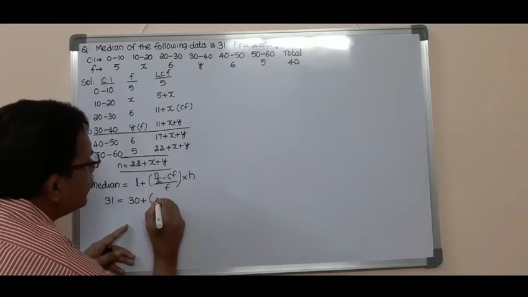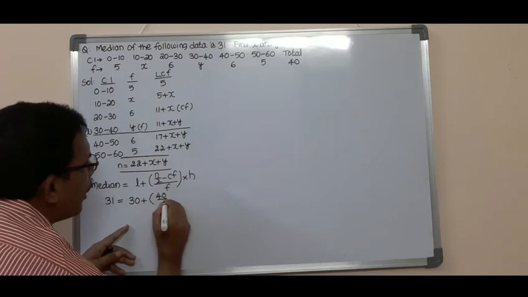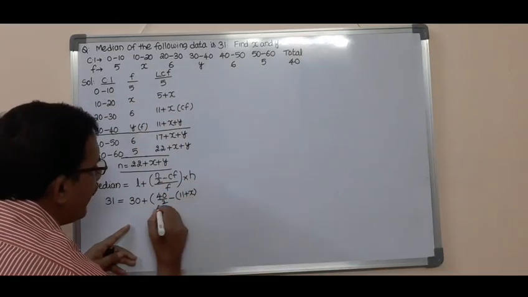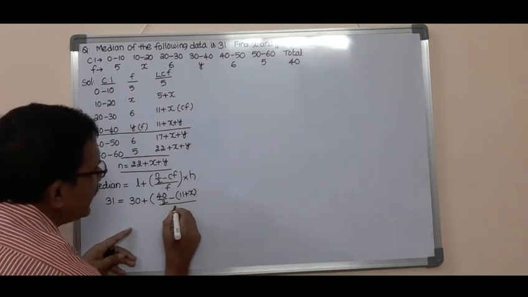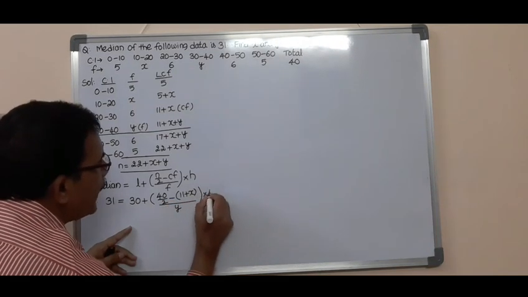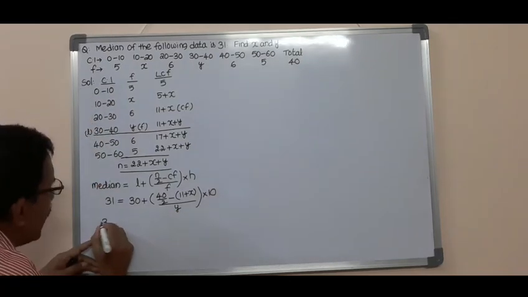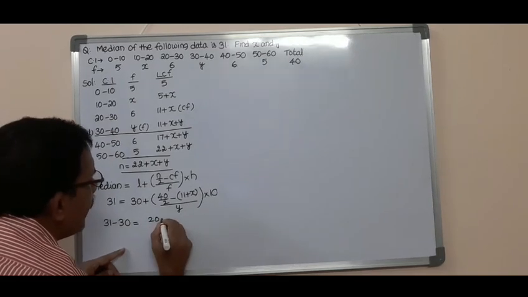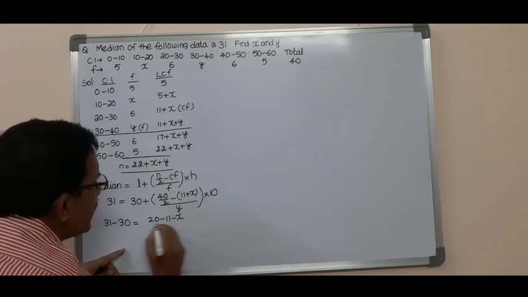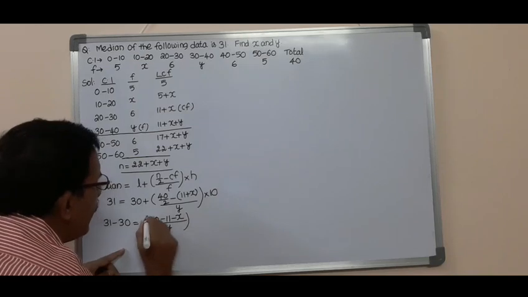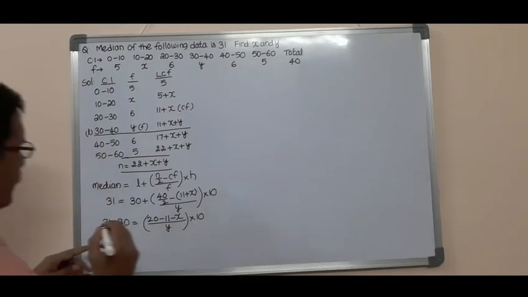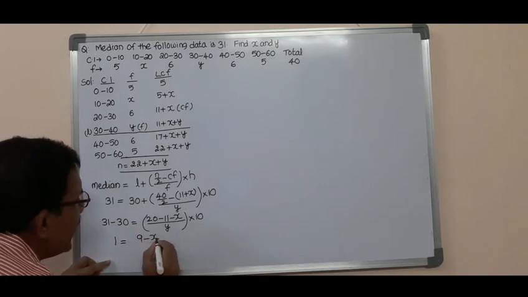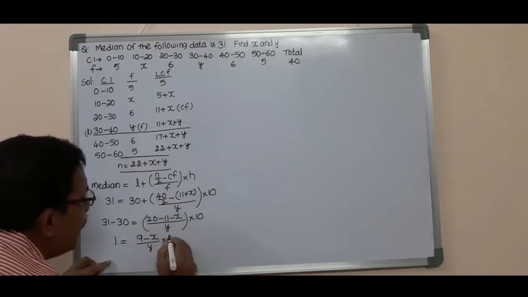So 40 by 2 minus CF, that is 11 plus x, by F, that is y, into 10. 31 minus 30 is equal to 20 minus 11 minus x by y into 10. 1 is equal to 20 minus 11, 9 minus x by y into 10.